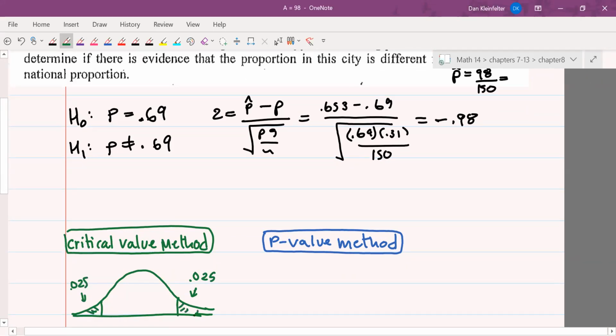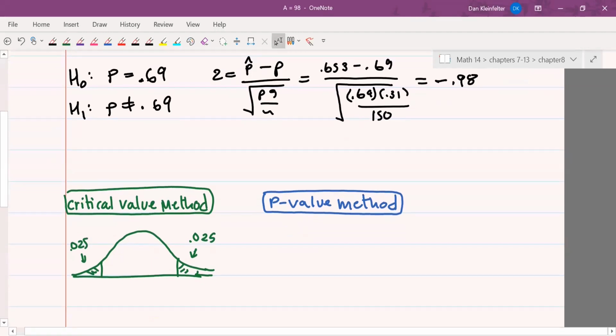Okay, so if 0.025 is in each tail, then to the left of the critical value on the right, we should have 0.975 for our area. And so our two critical values are going to be 1.96 and negative 1.96.